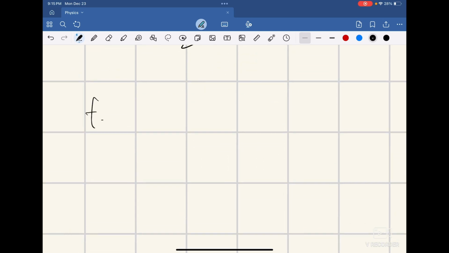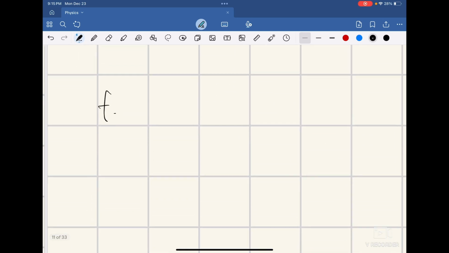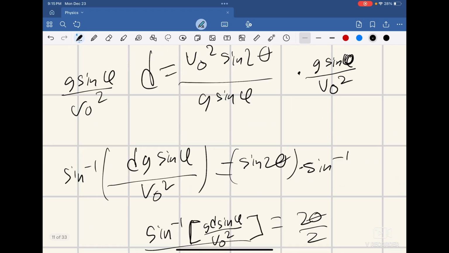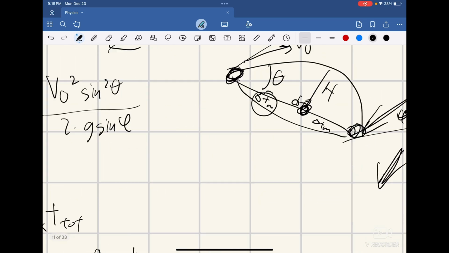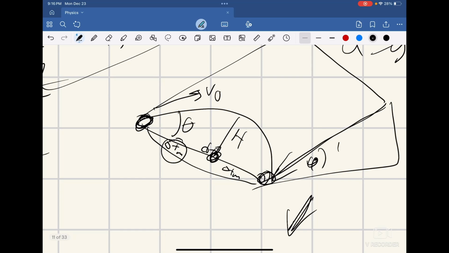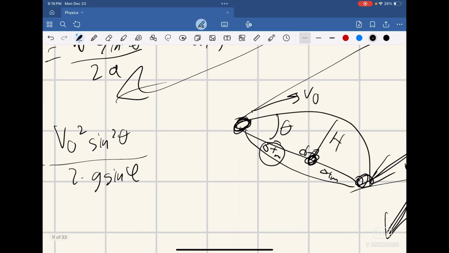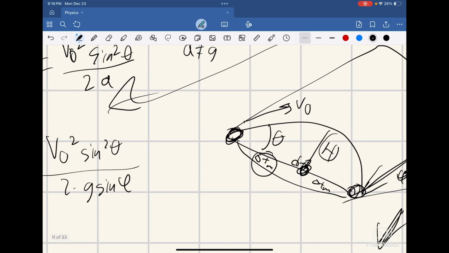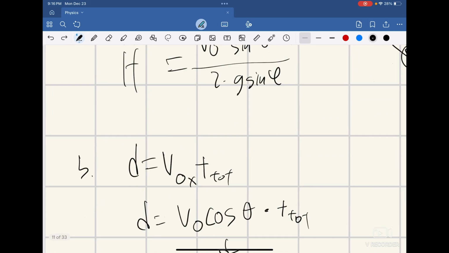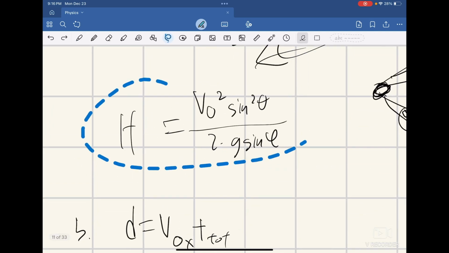Alright, so the last one, part F, we are asked if only the angle phi of the flat board is increased, how would the answer of part A change? So we're asked if this increases, how would it change the H max, right? So I'll bring this equation up really quickly.